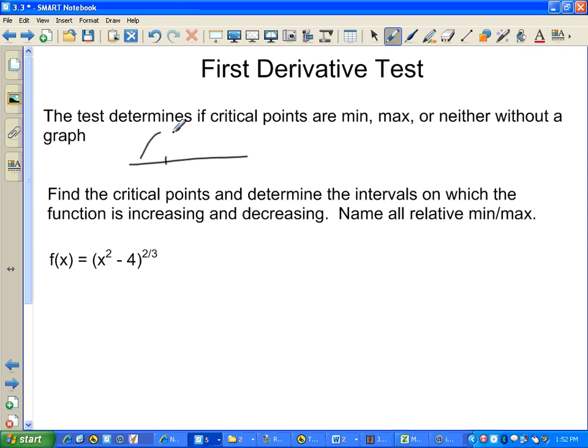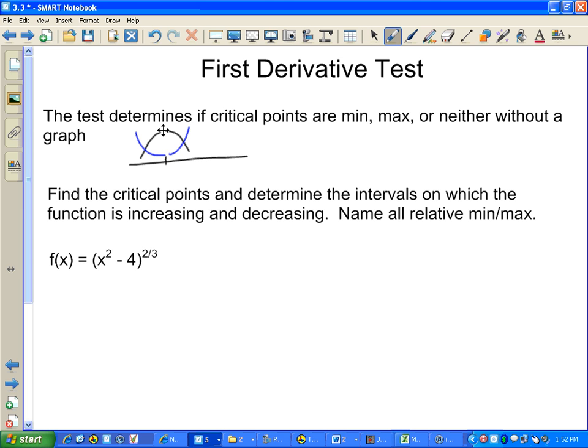If it's increasing and then it's decreasing on the right, that would tell me it's a maximum. If it's doing the opposite, so if on the left it's decreasing and then on the right it's increasing, that would tell me it's a minimum.